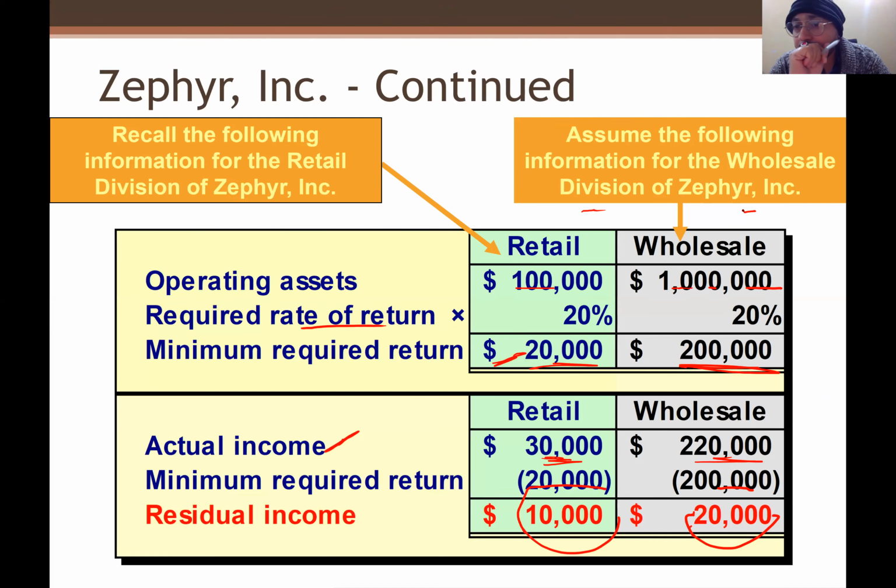And that is the biggest challenge, right? So you tell me, which department outperformed? If we base our numbers on residual income, we'll say that the wholesale department skyrocketed. Why? Because its residual income is $20,000, while the retail department's residual income is $10,000, right?